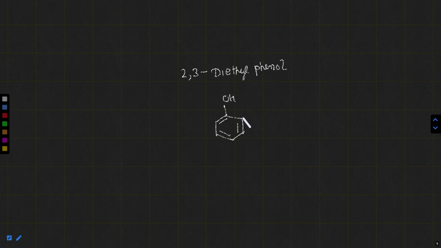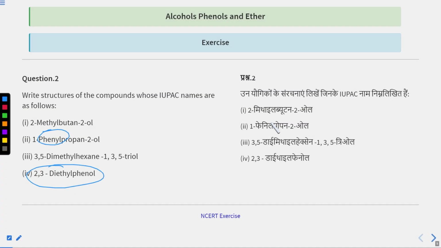At second position, we have ethyl. And at third position, we have also ethyl. So this will be 2,3-diethylphenol. Next question.